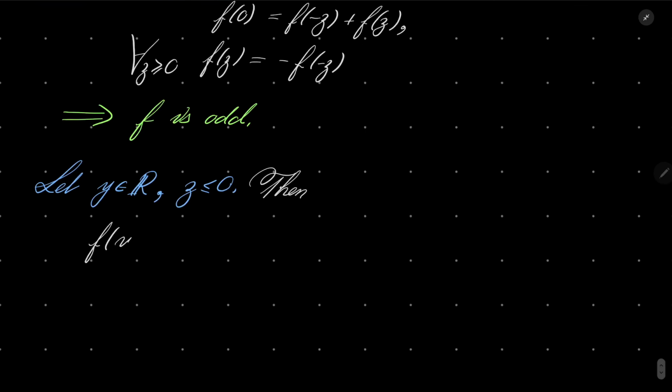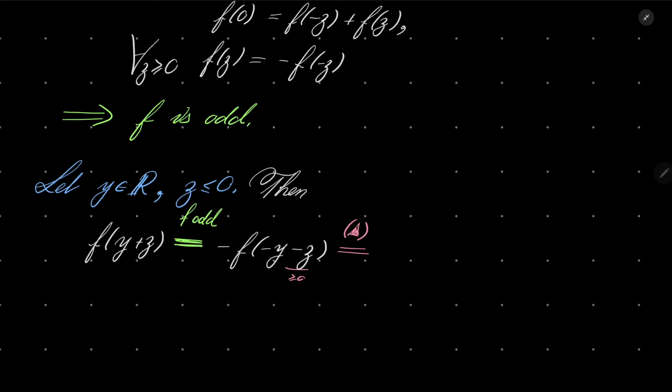Well, by the fact that our function is odd, we can replace it by minus f of minus y minus z. But now minus z is non-negative. So by our functional equation triangle, we can replace it by minus f of minus y plus f of minus z. Yes?